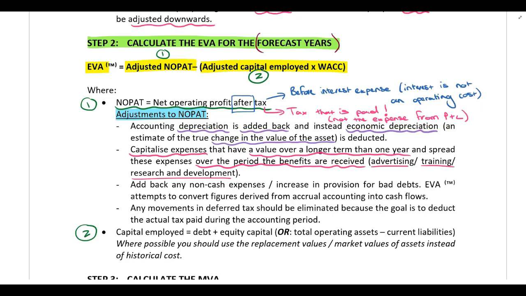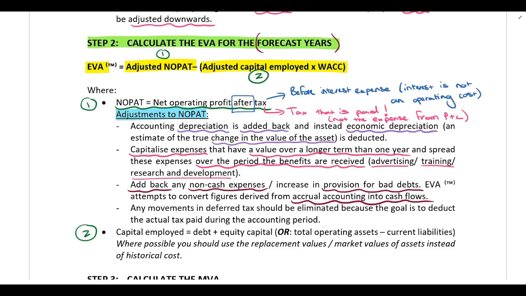All right. Then if we have any non-cash items, we need to add those back. So for example, depreciation or any increase or decrease in your provision for bad debts, because obviously that's also not a cash flow. And the purpose behind doing this is we are trying to convert our accounting profit into cash flows. So similar to the free cash flow method, we want cash flows. So anything that is not a cash flow must be eliminated.